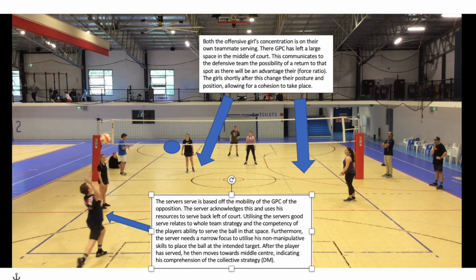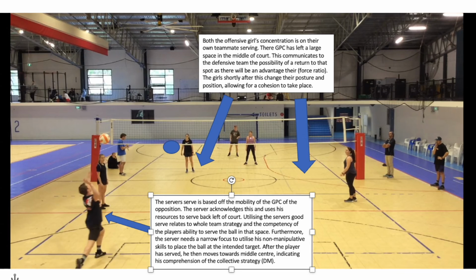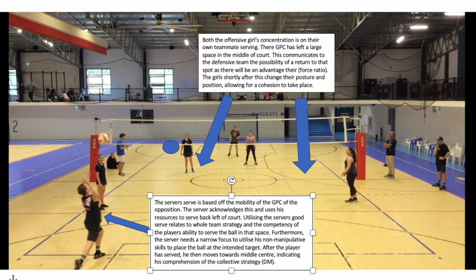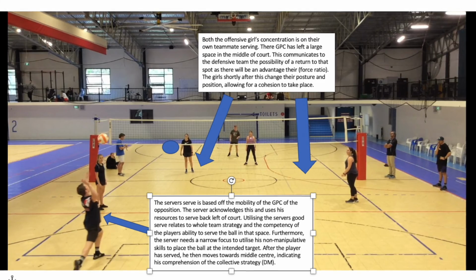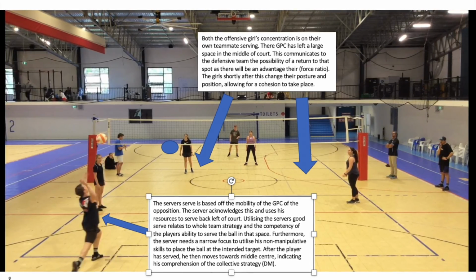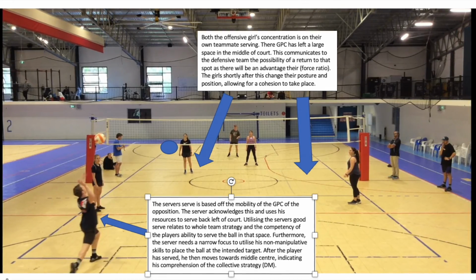In this final screenshot, we can observe the connection between all aspects of the grammar of games from the serving position. For example, the server's serve placement is based off the gameplay configuration of the opposition. The server acknowledges their gameplay configuration through reading the opposition's body positioning. He then uses his resources to serve back left of court.